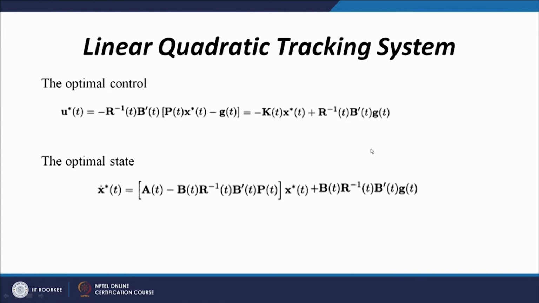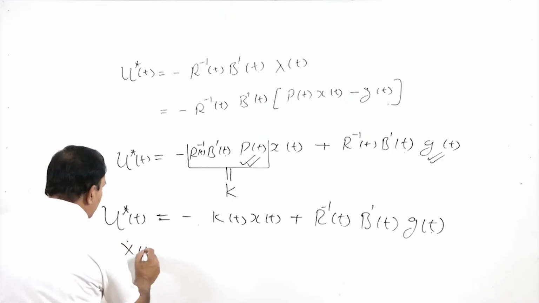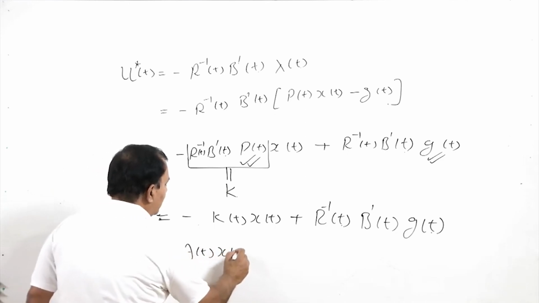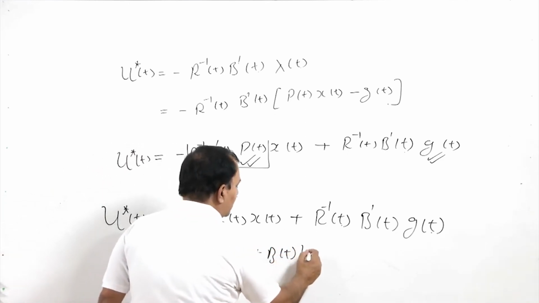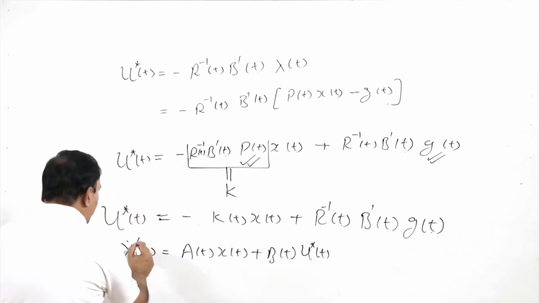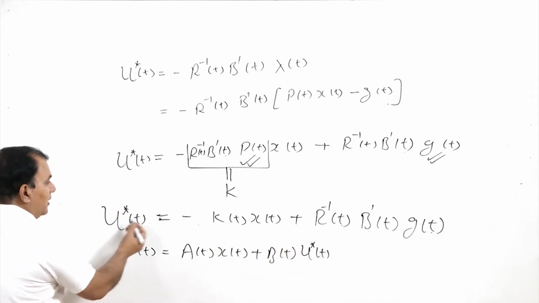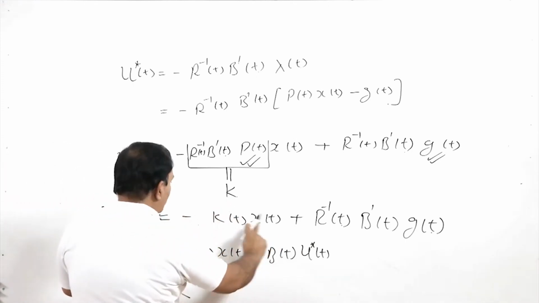If I replace u by this in equation x dot(t) as A(t) x(t) plus B(t) u(t), this will give me the optimal state. So, I will get this u in terms of the x.